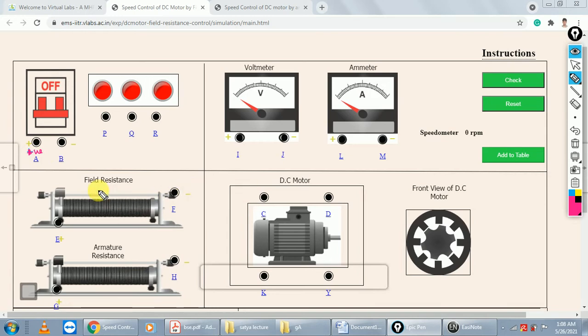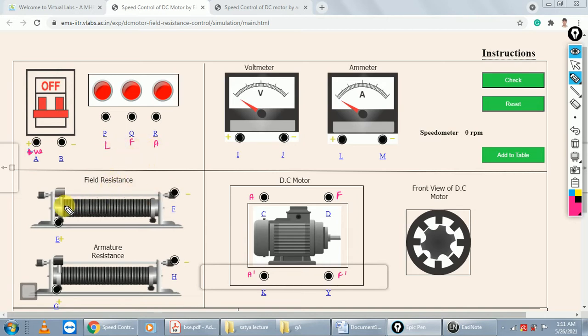So this positive terminal of MCV connects to this point. And this is your starter's L terminal, F terminal, and A terminal.